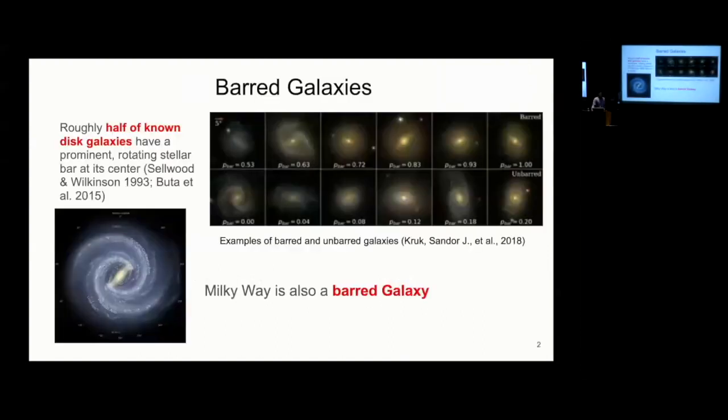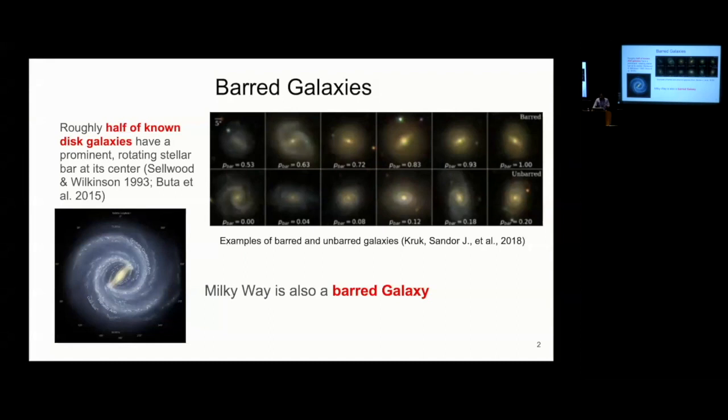Before I talk about what resonance sweeping is, roughly half of the disk galaxies have a prominent rotating stellar bar at their center. Here I have an image from SDSS data presented by Cook, Sanders et al., where they classified galaxies observed in SDSS images based on the probability of them having a bar at their center or not.